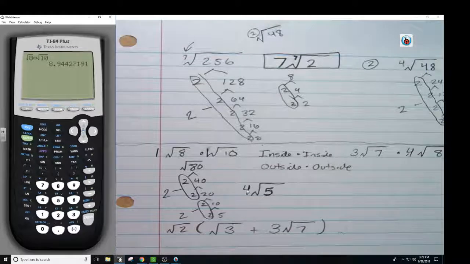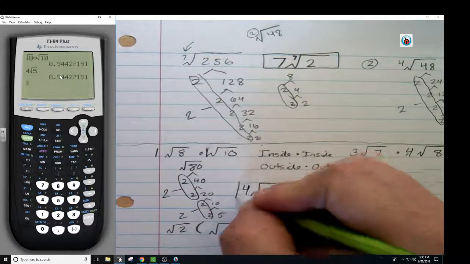Now, let's put 4 square root of 5, see what we get. And we get 8.94. Notice that both decimals are exactly the same. That is a good indication that you have the right simplified version.